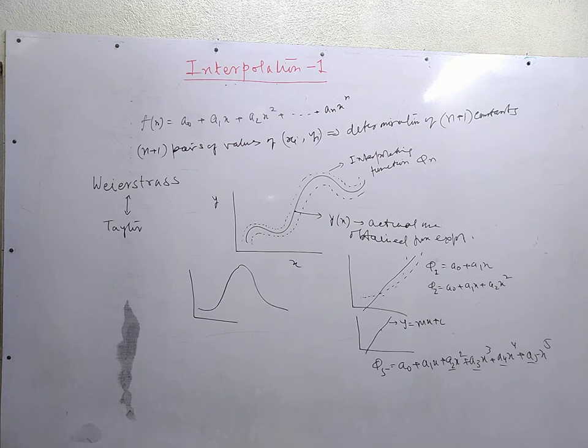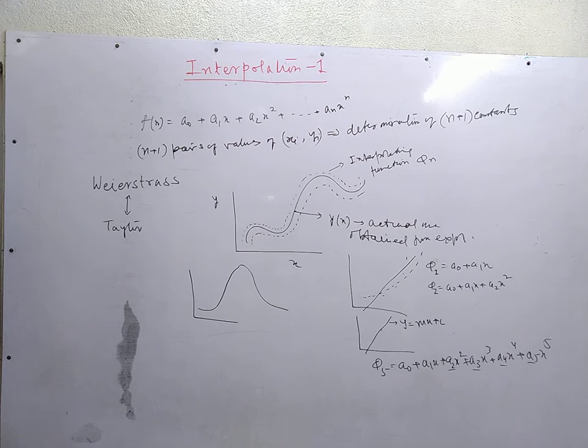In such cases, we call them equispaced arguments, and for equispaced arguments we use Newton's forward formula. In other cases, the arguments may or may not be equispaced.